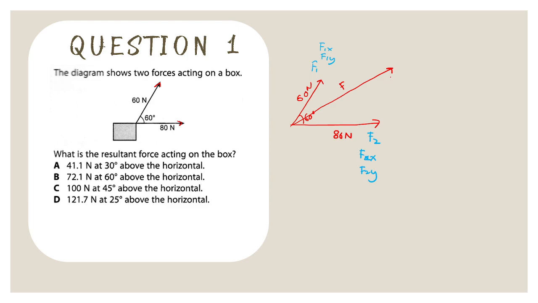In a parallelogram, you know that this line should be parallel to this line. Of course, the drawing is not perfect. And this line should be parallel to this line.